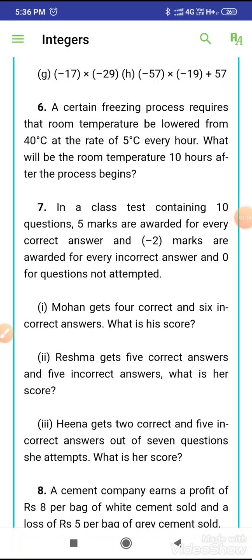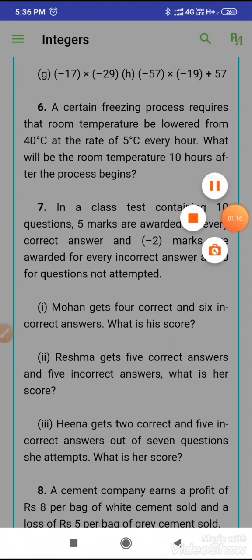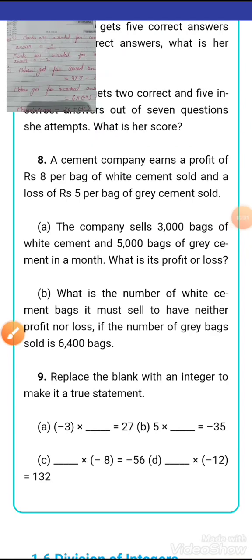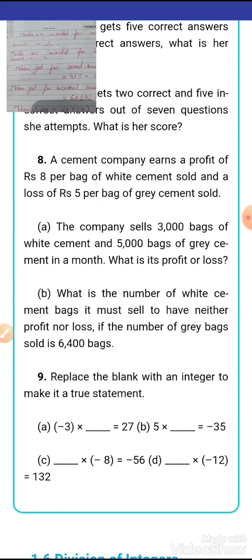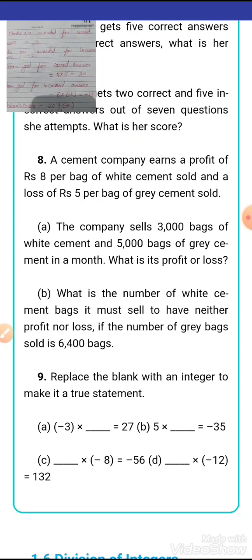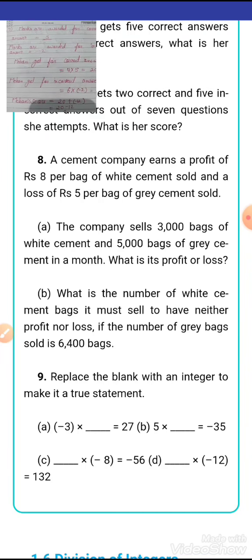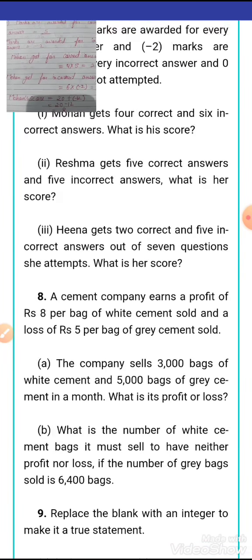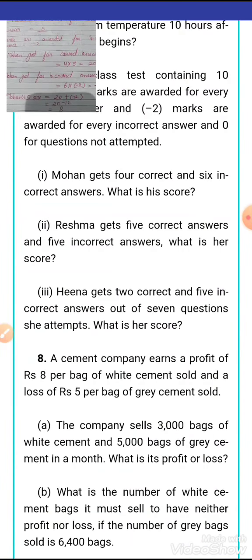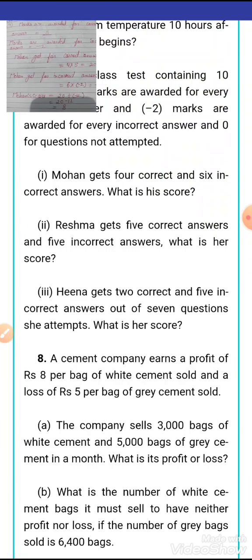So in the seventh question, marks awarded for a correct answer is equal to 5 and marks awarded for an incorrect answer is equal to minus 2. In the first part, we have to find Mohan's score, and it is given that Mohan gets 4 correct and 6 incorrect answers.